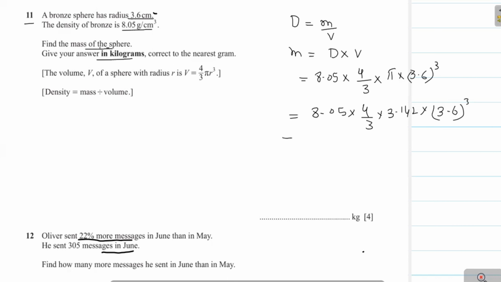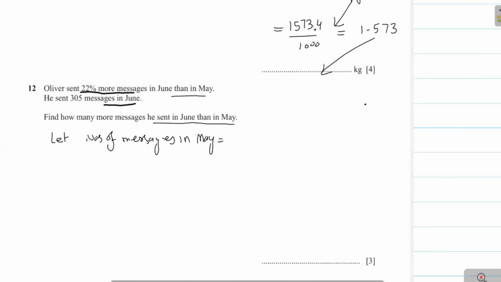And this value is equal to 1573.4 grams. Now we have to convert this value into kilograms. Therefore, 1573 divided by 1000, that value is equal to 1.573 kilograms, and this is the answer.